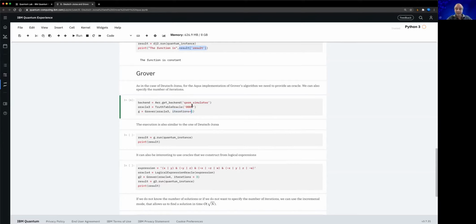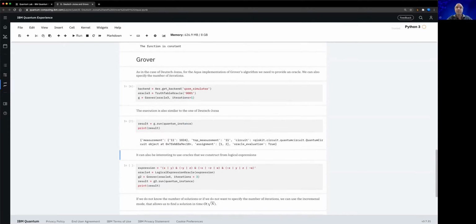Remember that in this case, since exactly 1 out of 4 possible inputs returns 1, with just 1 iteration we are going to measure with probability 1 the element that returns 1, the marked element.